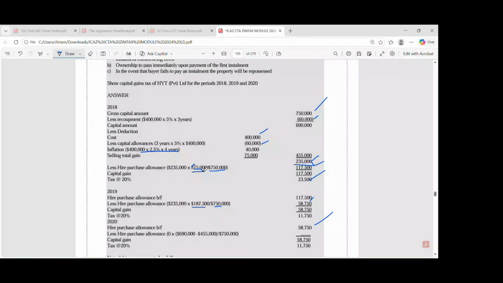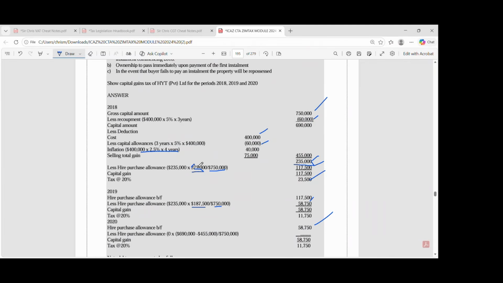Yes. Then down in 2019, you asked for relief on 117,500, which was the half. So I reduce the gain for which you asked relief, so your CGT is on the 117,500 that we want to tax you on. But we are still saying I have another 187,500 of the total amount 750 that I will receive in year 3, so give me relief on that. Does that make sense?